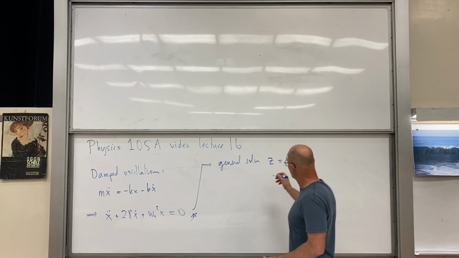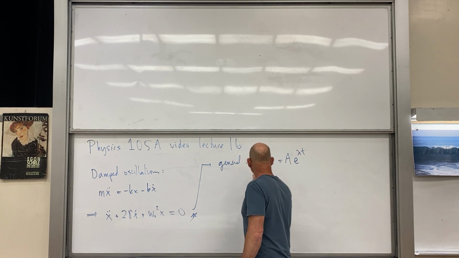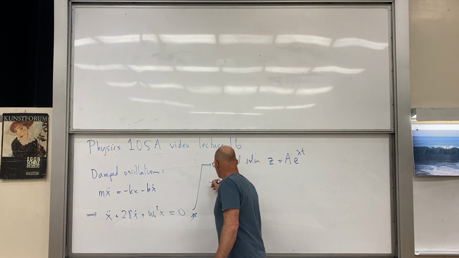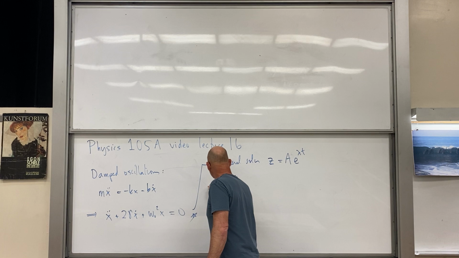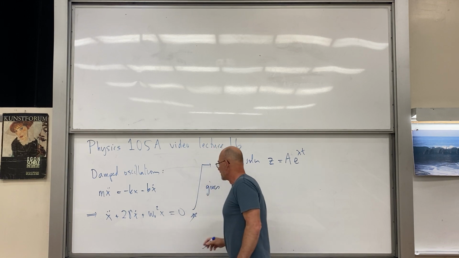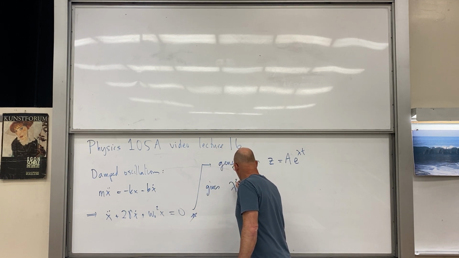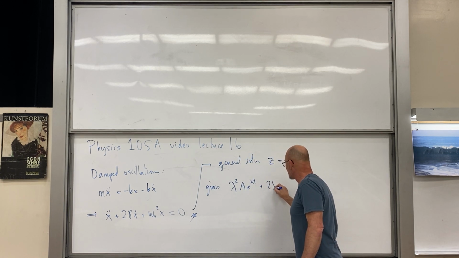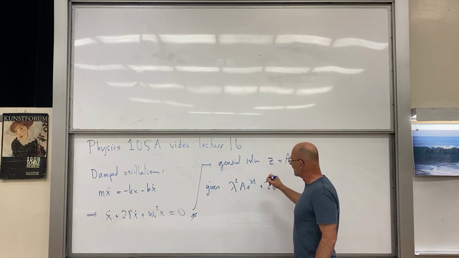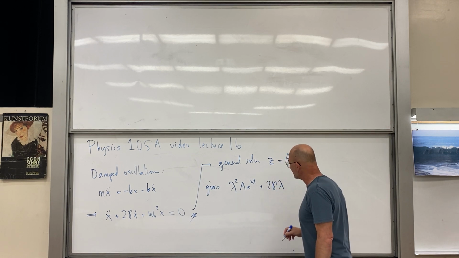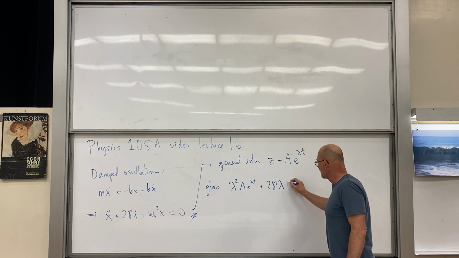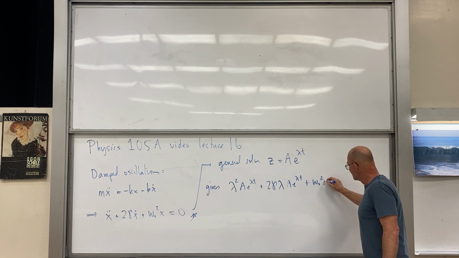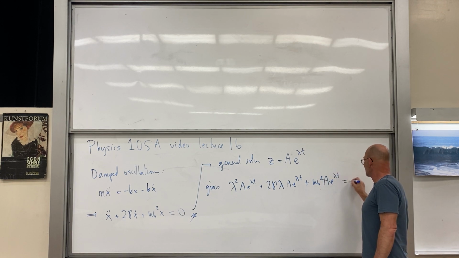That gives us lambda squared A e to the lambda t plus 2 gamma, and then the first derivative brings a lambda down, A e to the lambda t, plus omega naught squared times A e to the lambda t equals 0.